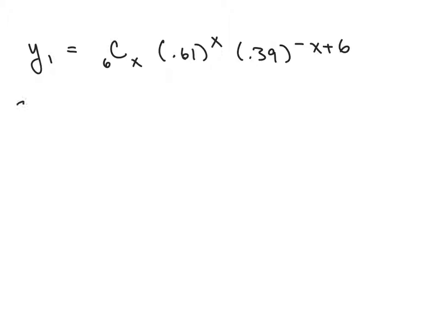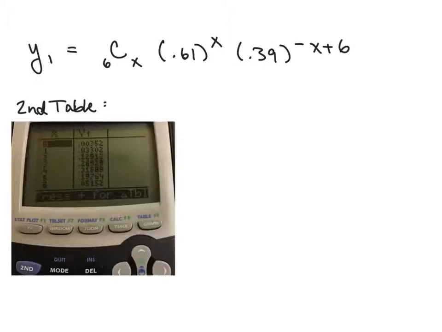And then I can look at my table and see the distribution. Remember, I went here and put in this equation. Then I hit second table and I got these answers. I can graph that into a histogram.